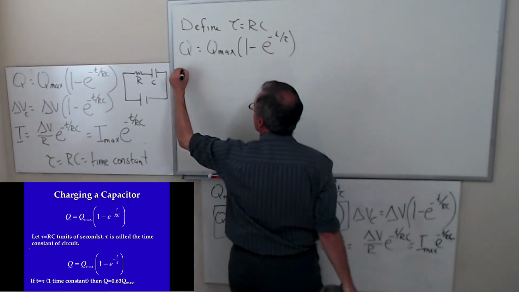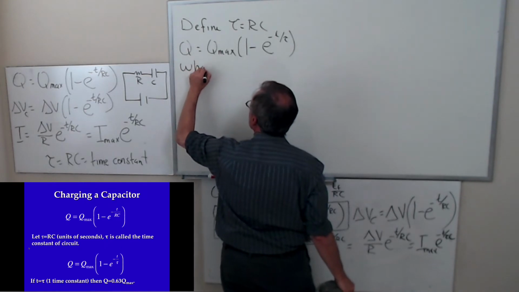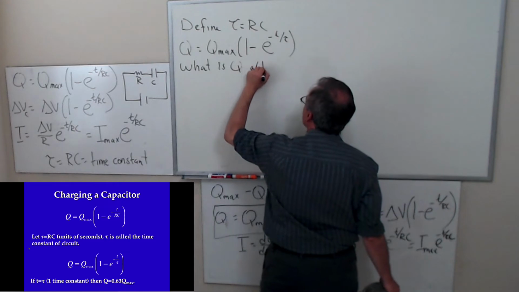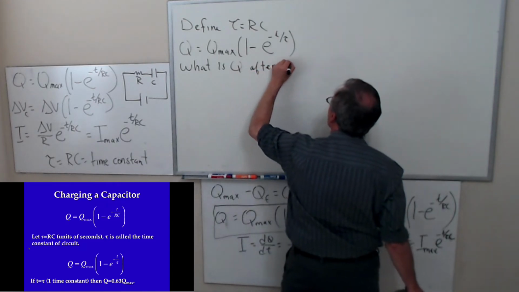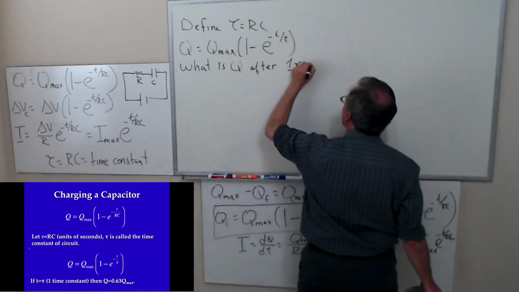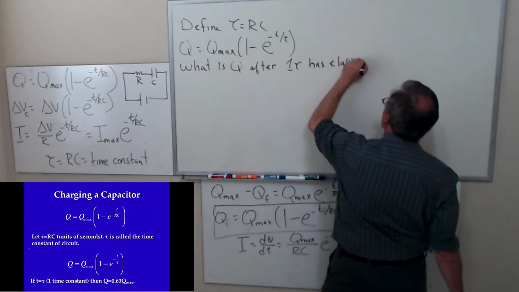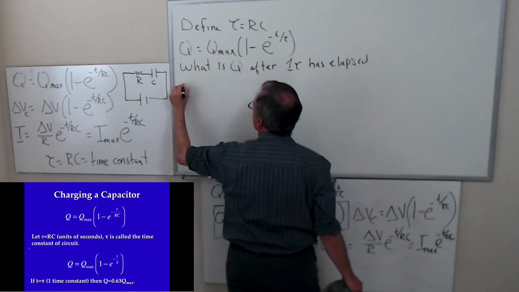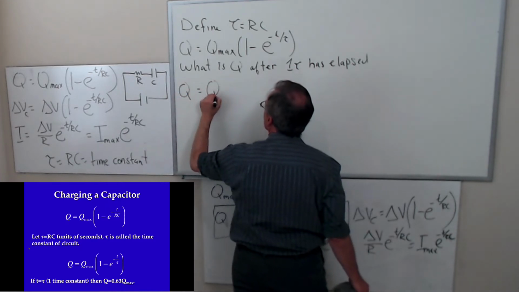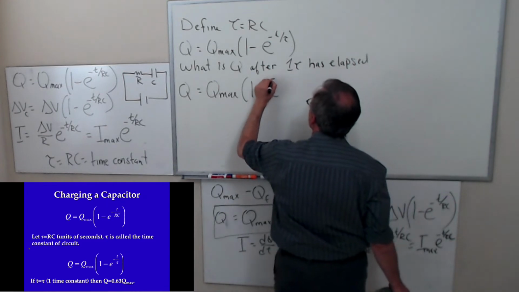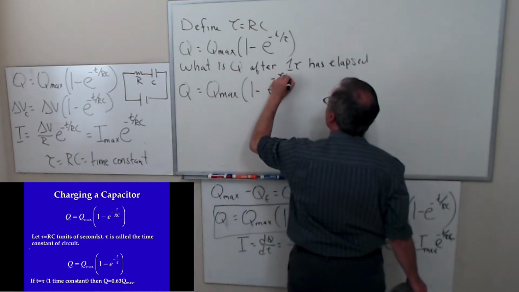And we can say, what is Q after 1 tau has elapsed? Well, then I do the following. Tau over tau.